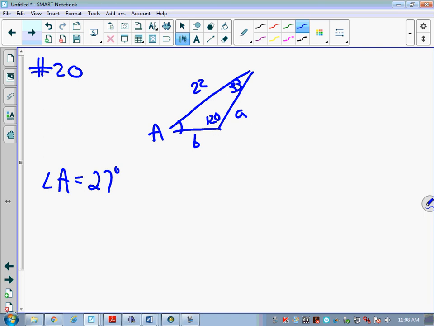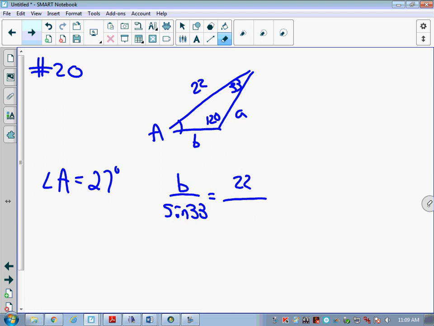All right, so if we want to find B, what we're going to do is B over sine 33 equals 22 over sine 120. I hate that they do this, but they do. It's law of sines, and it's upside down, but it's still going to get you there.